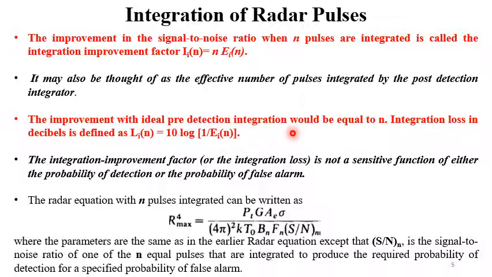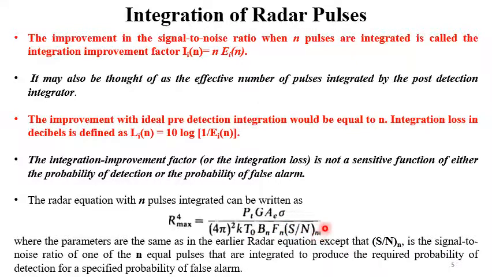The integration improvement factor or the integration loss is not a sensitive function of either the probability of detection or the probability of false alarm that we have studied in our previous class. The radar equation with n pulses integrated can be written as R to the power 4 max, numerator would be the same, P_t G A_e sigma divided by (4 pi) whole square k T_0 B_n F_n (S/N)_n.